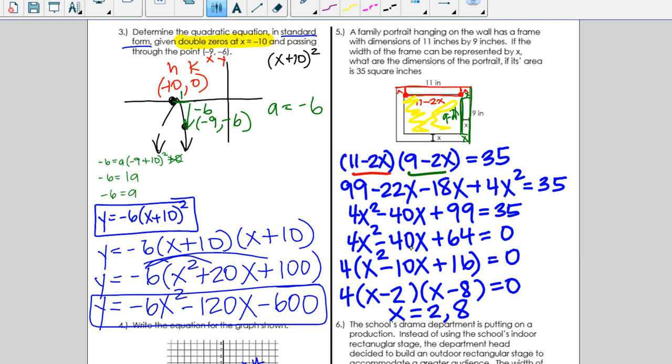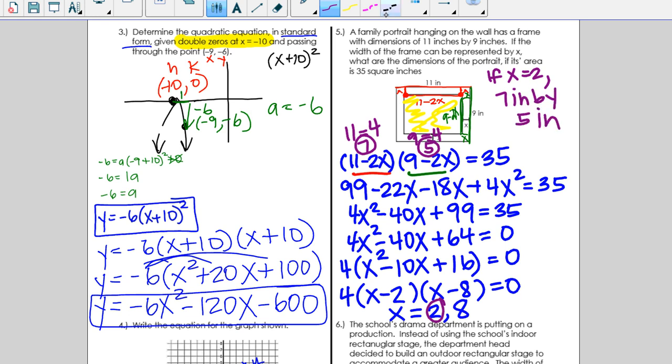So if I take that 2 and I substitute it in, then I'll have 11 minus 4, which is 7. If I substitute it in here, I'll have 9 minus 4, which is 5. And 7 times 5 is 35. So we know that if x equals 2, then we have a 7-inch by 5-inch frame.